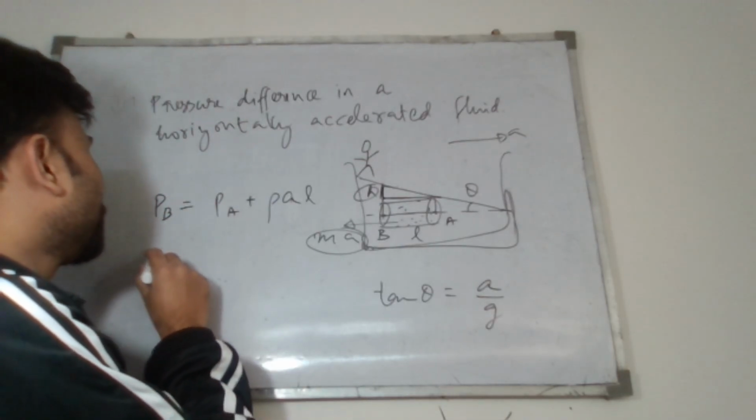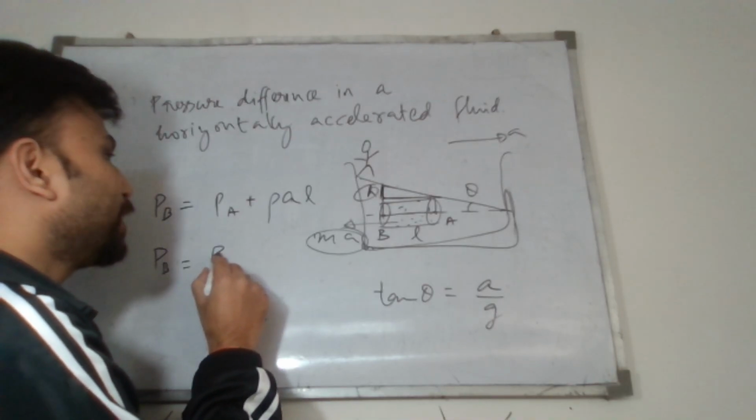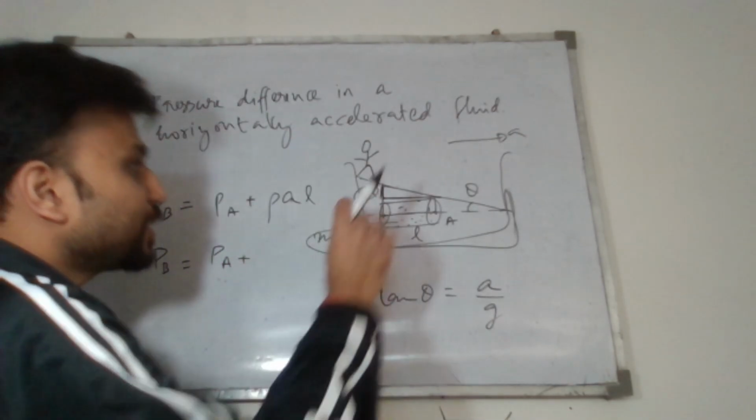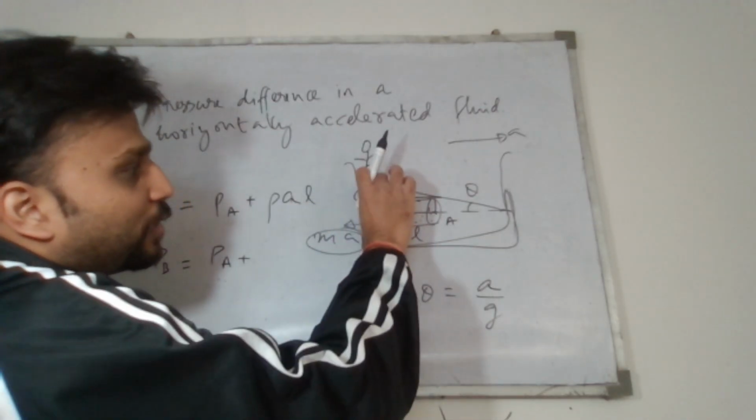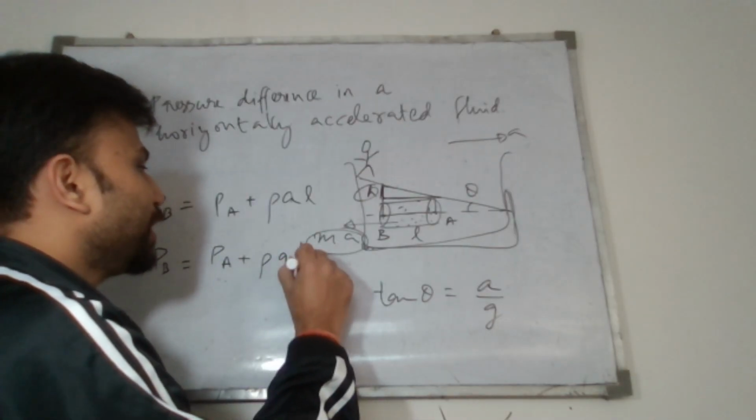So again, the pressure at B is equal to the pressure at A plus this extra pressure created by the height difference, that is rho g h.